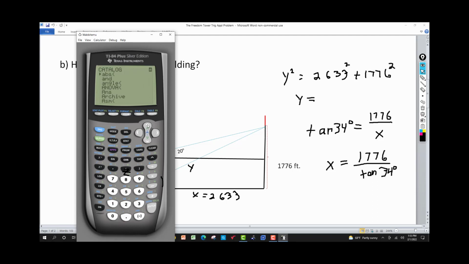So we'll go to find my square root. I want the square root of this number right here, so I'll hit the second key here, and then answer. I'm taking the square root of the answer.